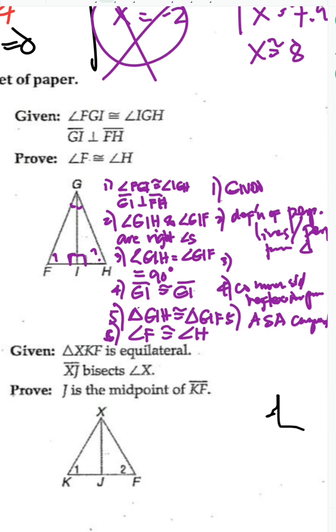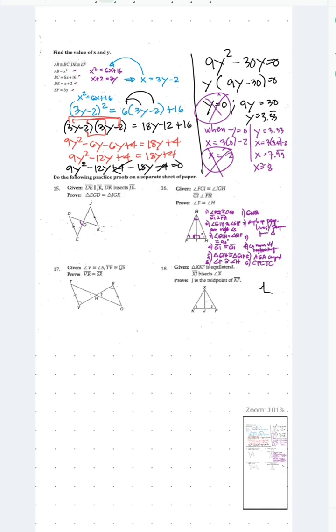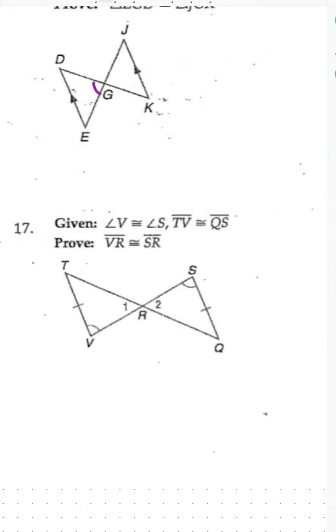So this is already congruent, and we're left with only one angle. Therefore, angle F is congruent to angle H, by congruent parts of congruent triangles are congruent. Yeah, CPCTC. Do you have questions?